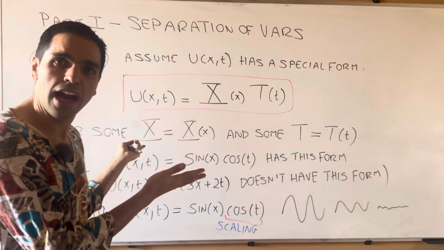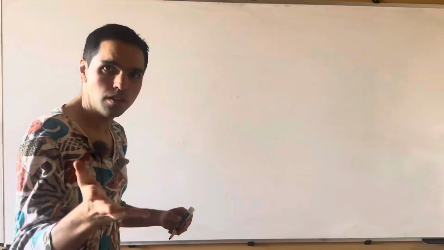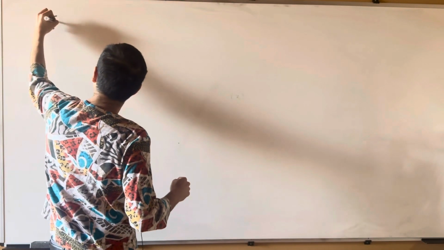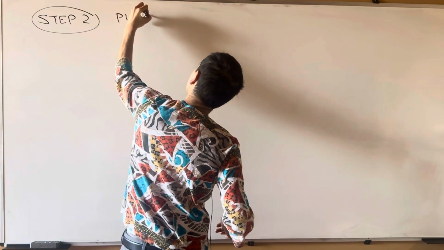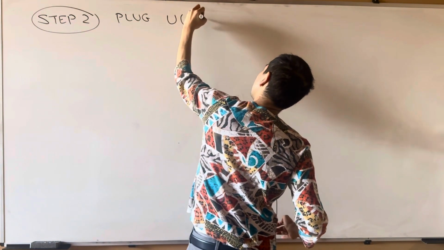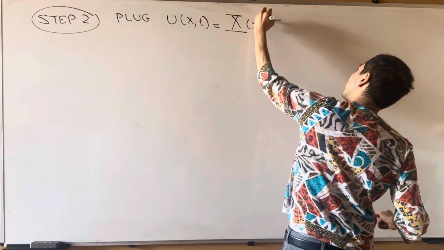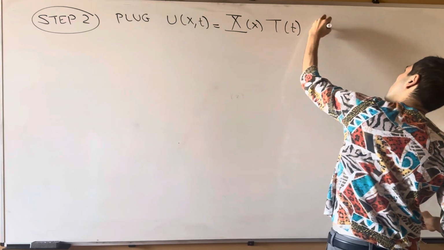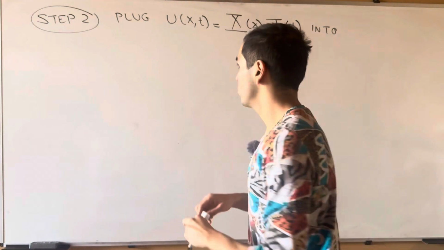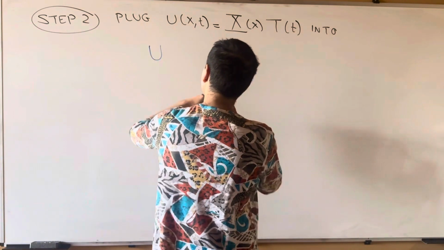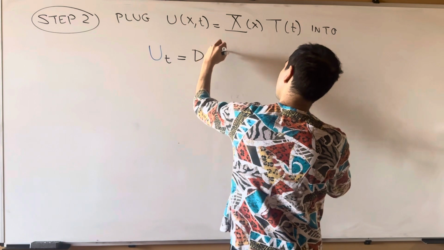And now that we have this guess, let's plug it into the PDE. So step 2. Plug u(x,t) equals X(x) times T(t) into u_t equals d u_xx. So u_t is d u_xx.